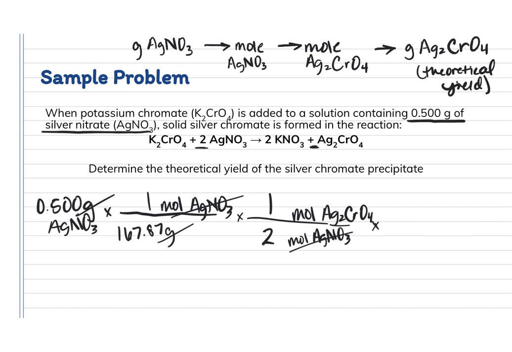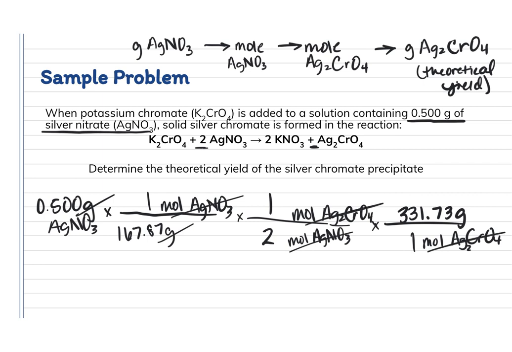And then finally, I need to convert back into grams so I can figure out my theoretical yield here. To do that, I'm going to put moles of Ag2CrO4 on the bottom, and I'm going to add up the 2 silvers, the chromium, and the 4 oxygens. This is a very heavy compound. This is going to have a mass of 331.73 grams.